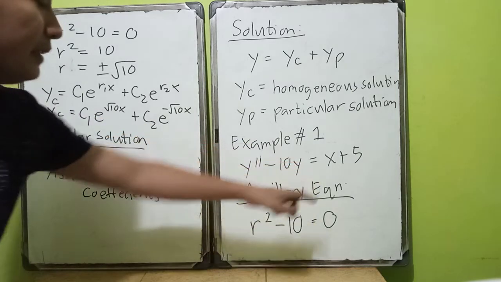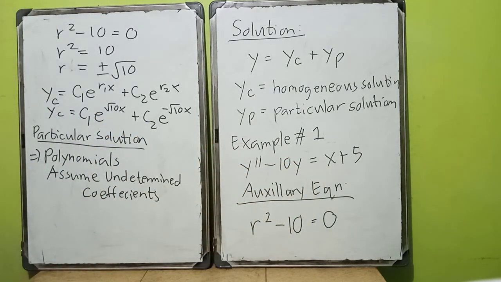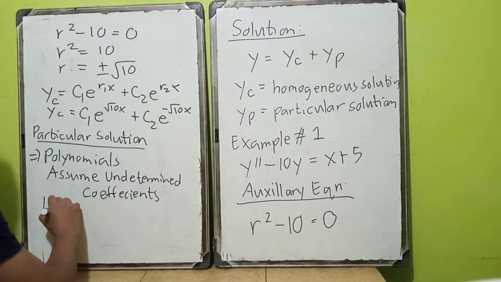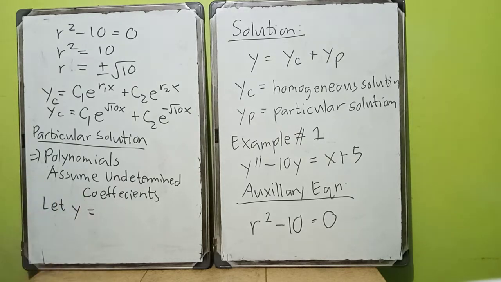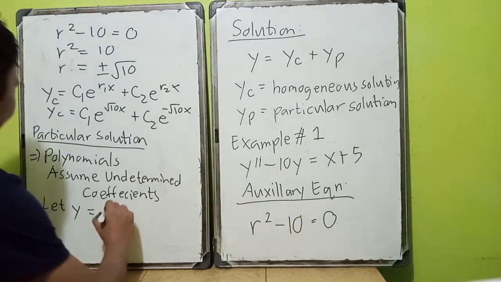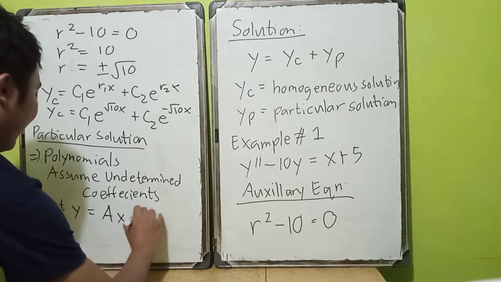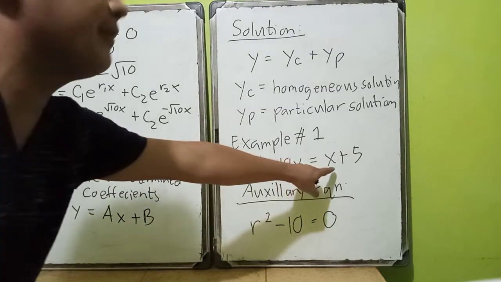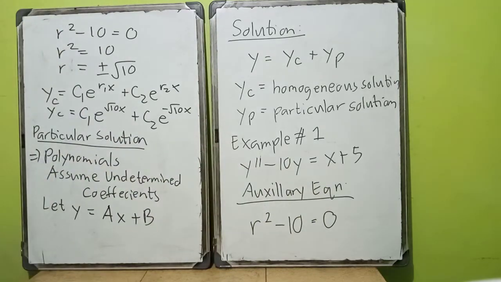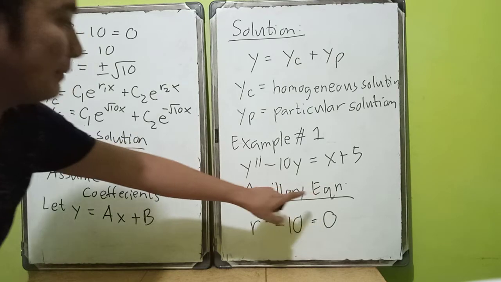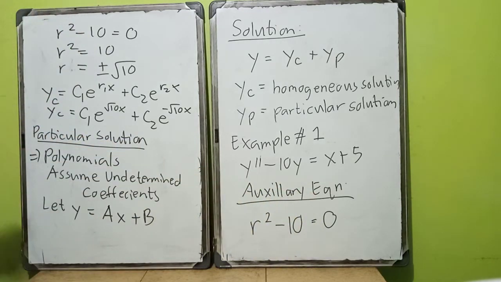So, what we should do is to assume. Okay? So, let y is equal to, ano yung pinaka, ax plus b. Because this is in the form of ax plus b, as you can see.